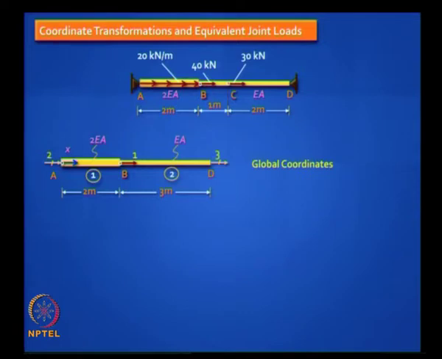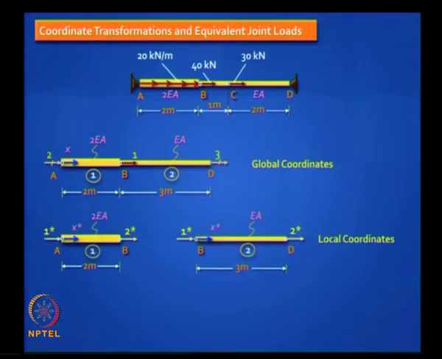So you have to separate out the 2 elements and do the local coordinates. That will look like this, agreed? Element 1, element 2, write down the length, local x star axis, 2 degrees of freedom, 1 star, 2 star. No questions? Very clear?